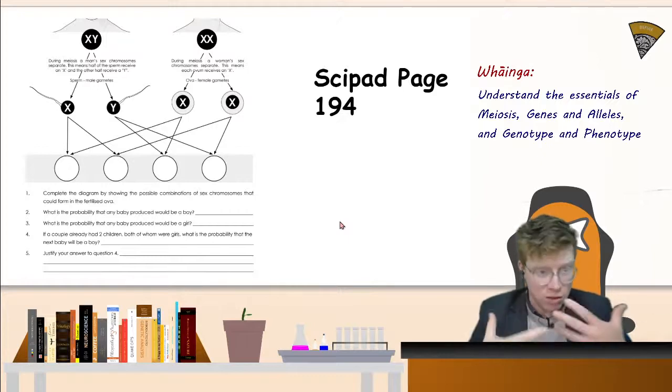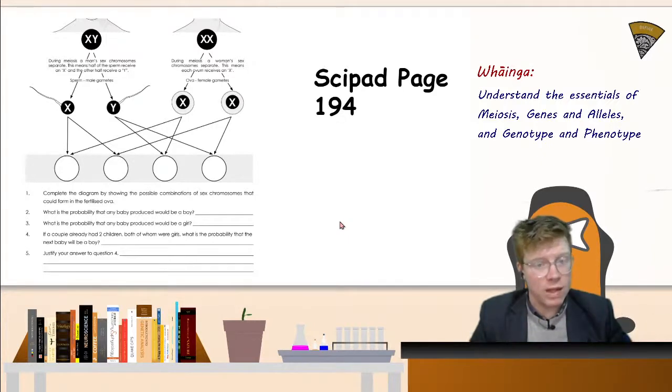So given that these chances of getting either sperm or eggs are equally likely, what is the probability that you get an XY offspring, which we typically classify as male, or biologically male, or XX, which we classify as biologically female?